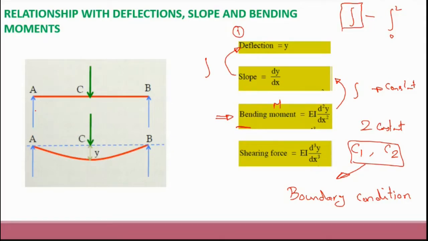This x is a variable which starts from the left hand side. When x is equal to 0, it is point A. When x is L by 2, you will get C. When x is equal to L, you will get P.